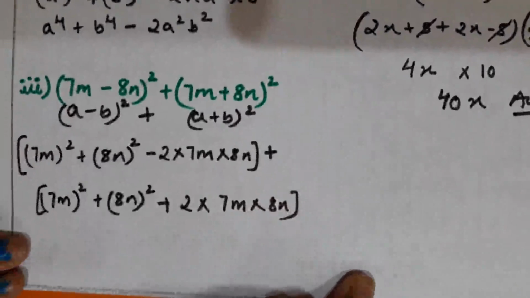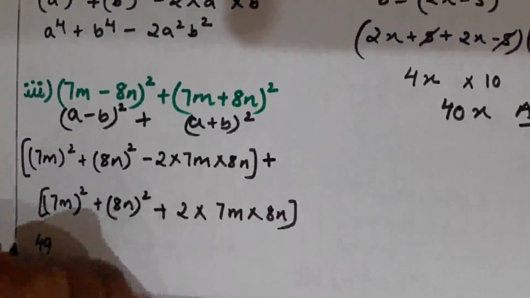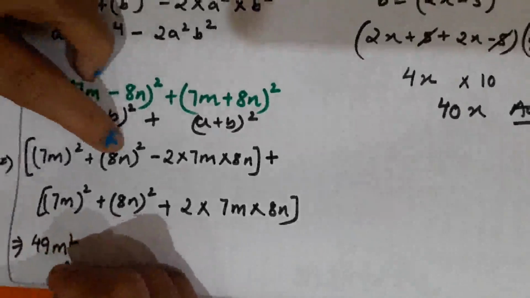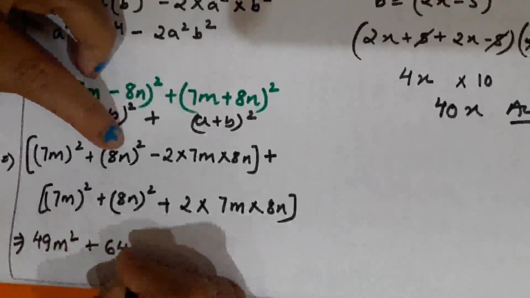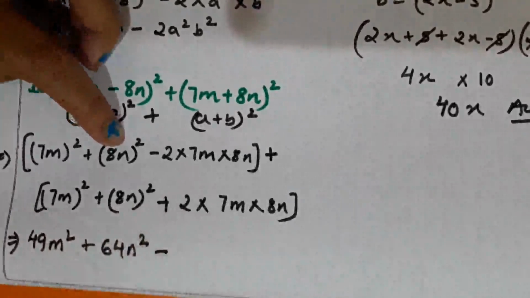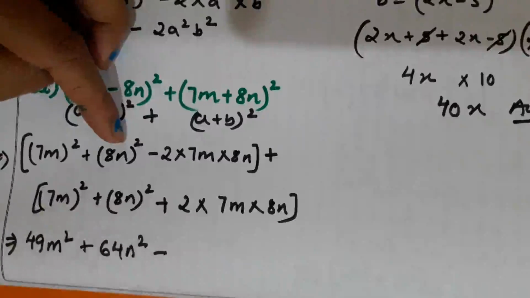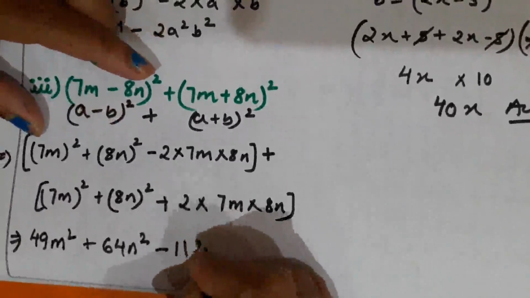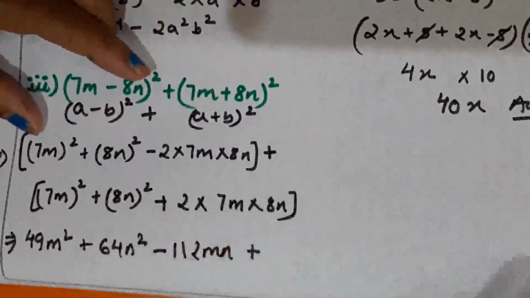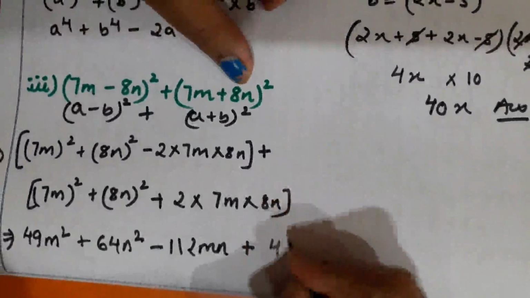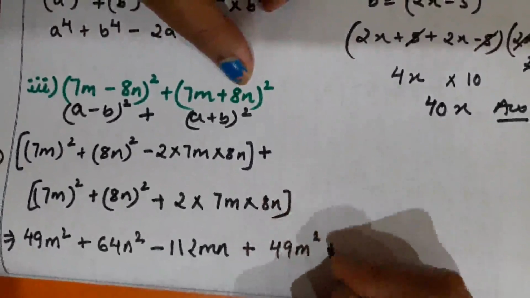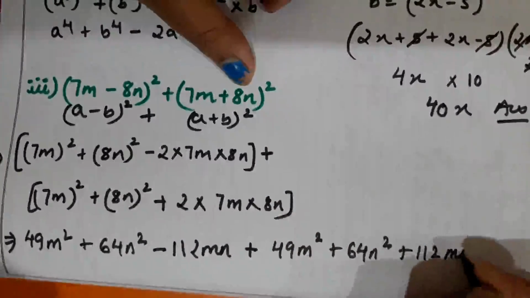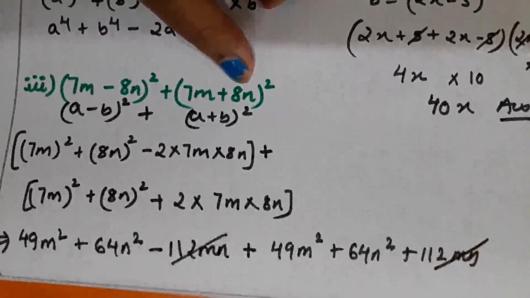Okay, now let's open. 49m square, 8n square is 64n square, minus 112mn, plus 49m square plus 64n square plus 112mn. This 112mn cancel out each other.